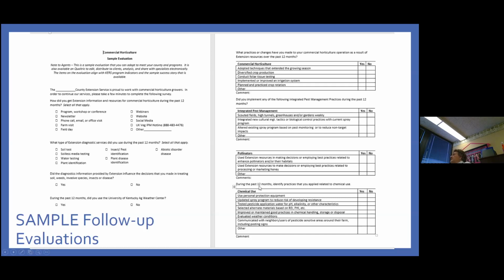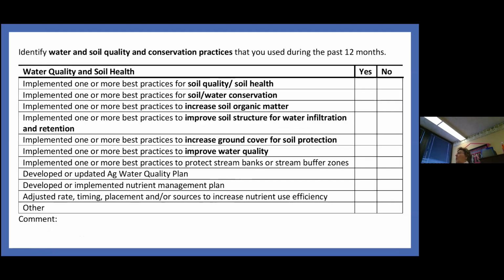Then over here, you'll see the different areas. So we've tried to put every major program area that relates to that major program on that evaluation tool. And so, for example, water quality and soil health appears in almost every one of the evaluations. And when I sent this out to agents, one of the comments back is, I know what best practices in soil quality and soil health are, but I'm not sure my client knows.